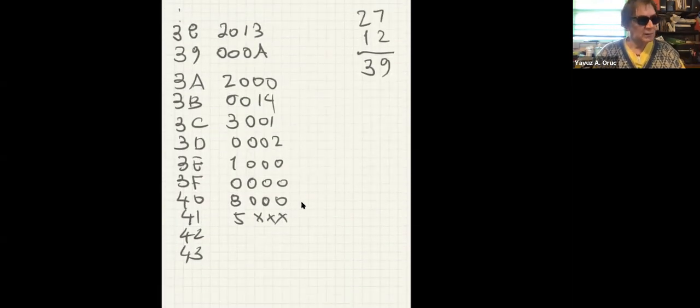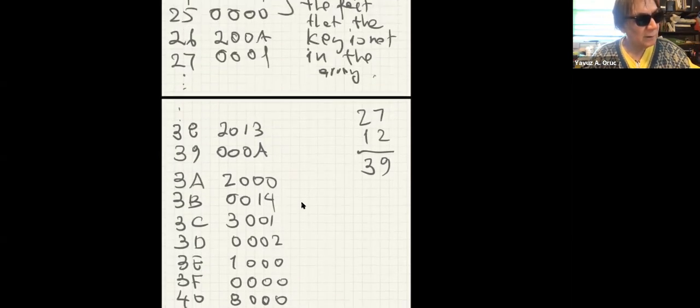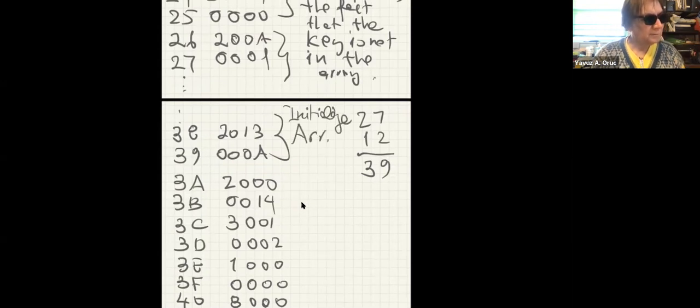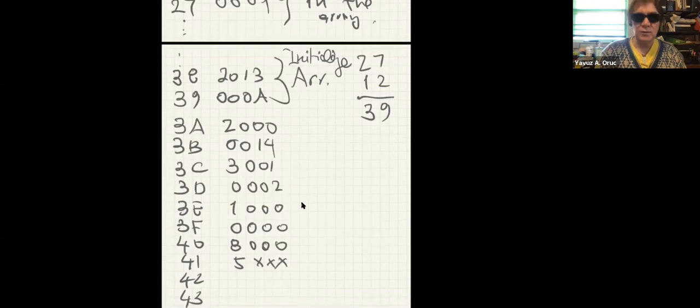Okay, so now, maybe I could write these things. This was basically our array. Okay, all of this is initialize the array. I don't say A because there's a lot of places, and I don't want you to get confused.